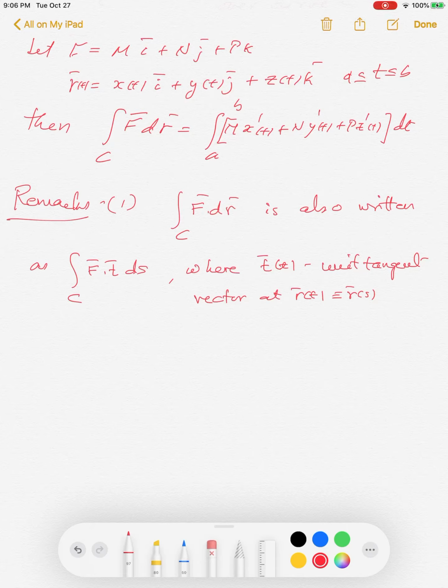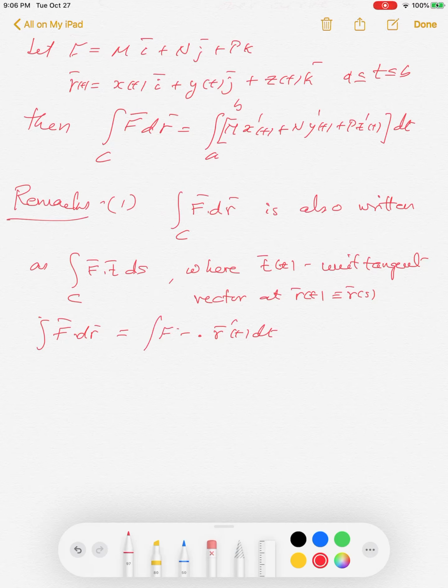So t bar(t) or t bar(s), you can think of this as a function of s. You are parameterizing the curve by arc length, and the reason for this is simple. You see, the integral of f bar dot dr bar we showed is exactly the integral of f bar dot r bar prime(t) dt.